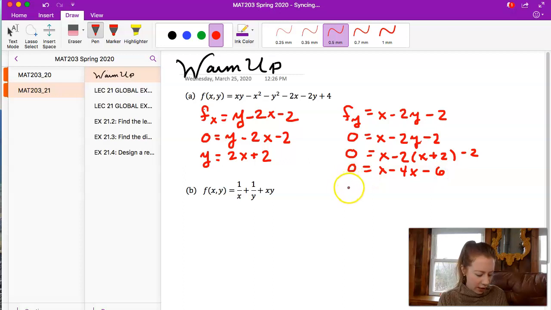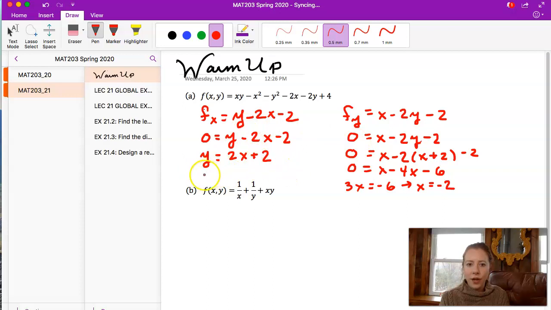And so then we end up with 3x is equal to minus 6, which tells us that x is equal to minus 2. Quickly, let's figure out what y needs to be when x is minus 2.